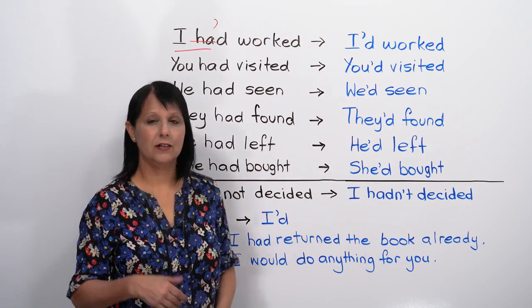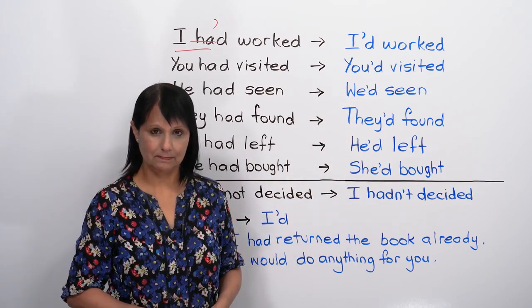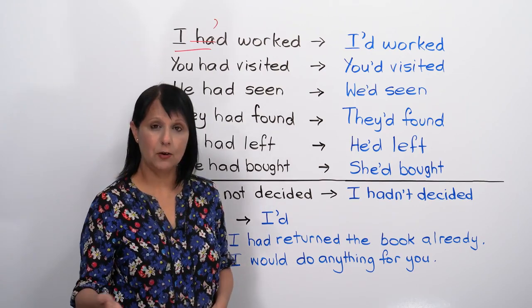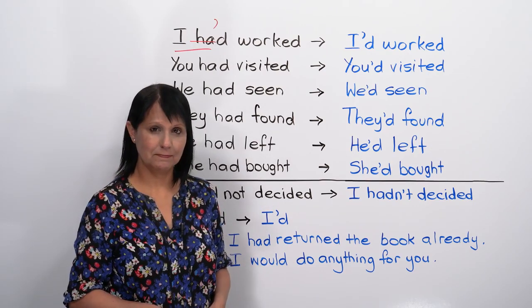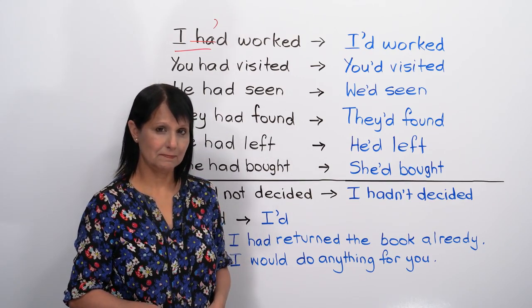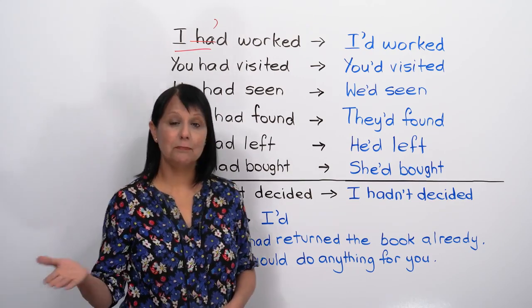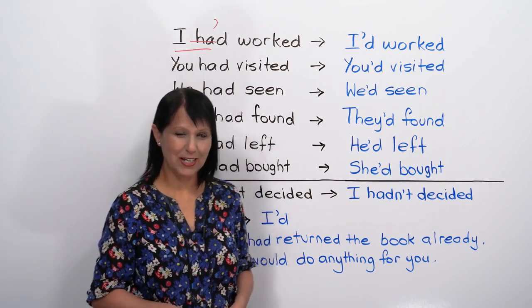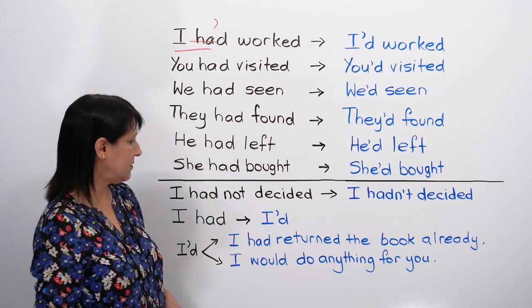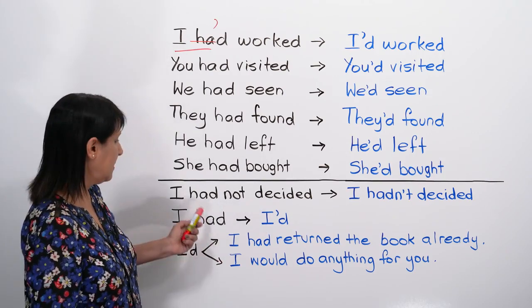Okay, the next one. We'd seen, they'd found, he'd left, she'd bought. Okay, that's in the positive form. We can also contract it in the negative form.